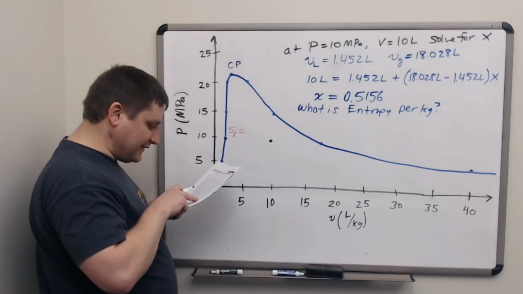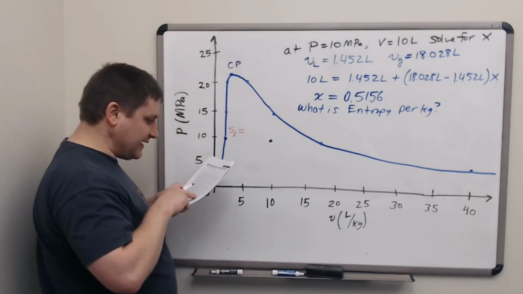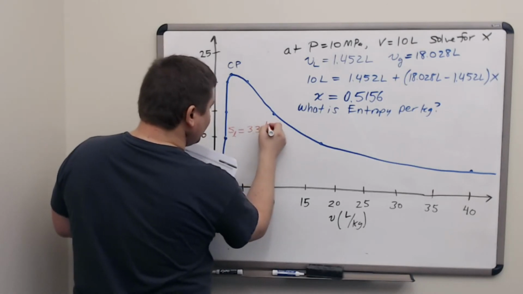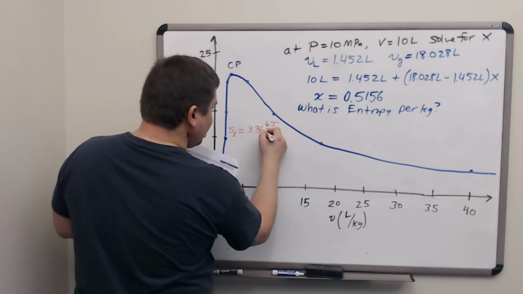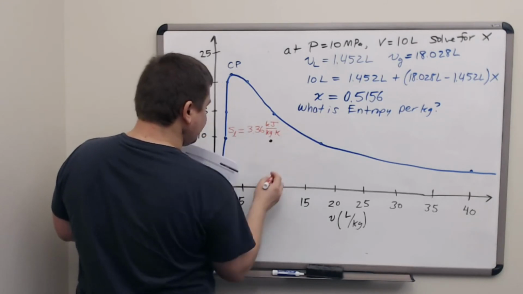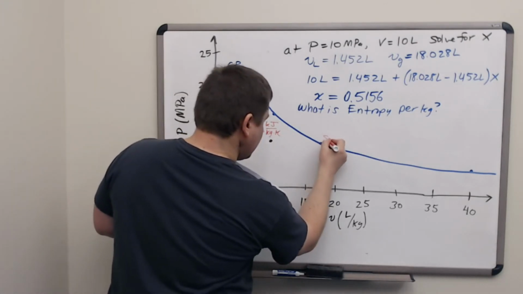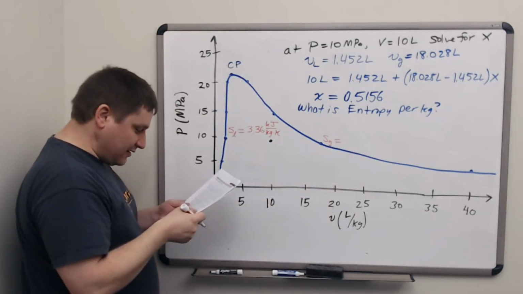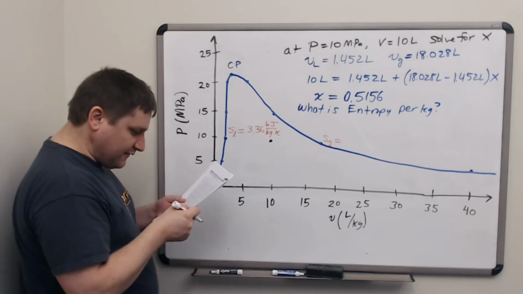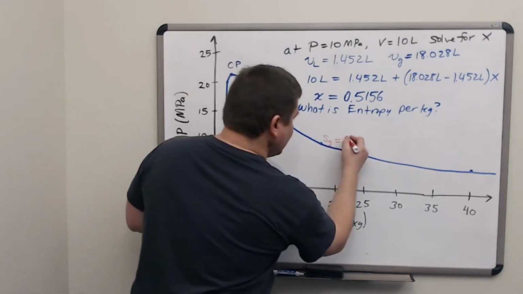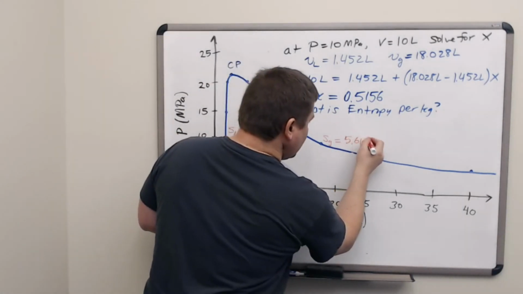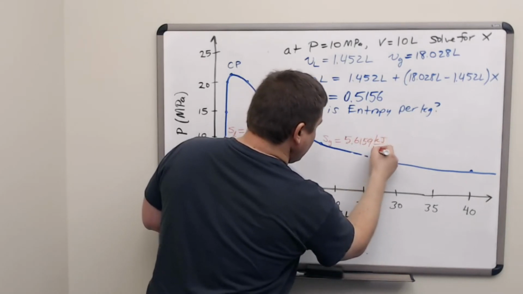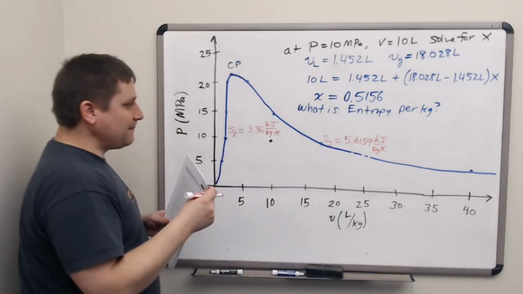The entropy of the saturated fluid is 3.36 kilojoules per kilogram per Kelvin. The entropy of the saturated vapor is 5.6159 kilojoules per kilogram per Kelvin.